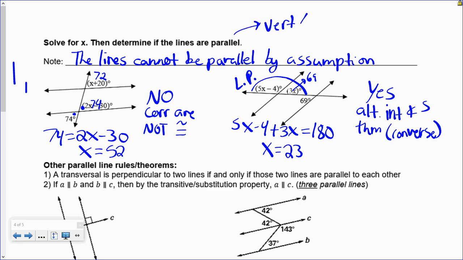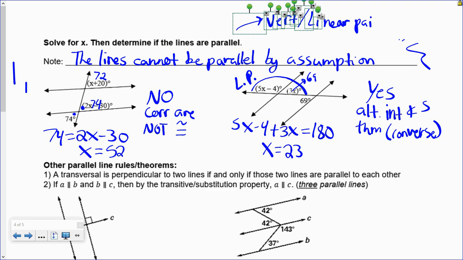Vertical or linear pair. Right? Very important. You guys have to read the directions very carefully in this chapter in particular, for this unit. Okay? Everybody okay with that?